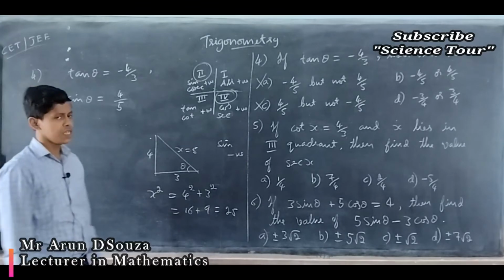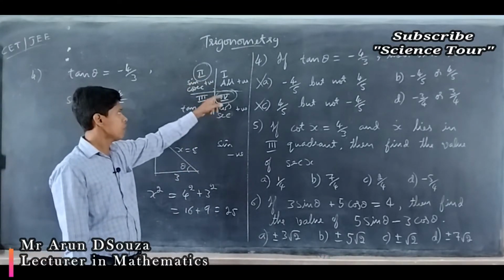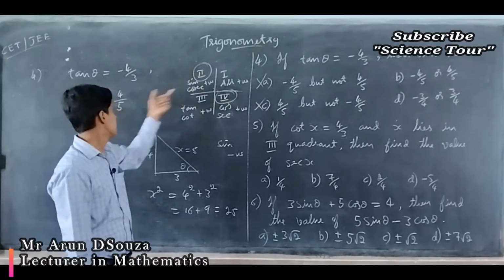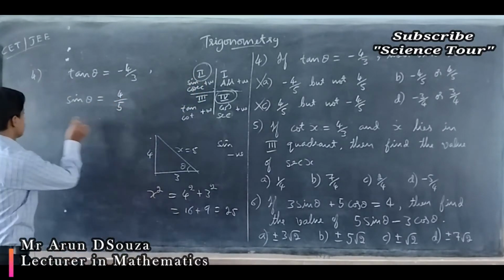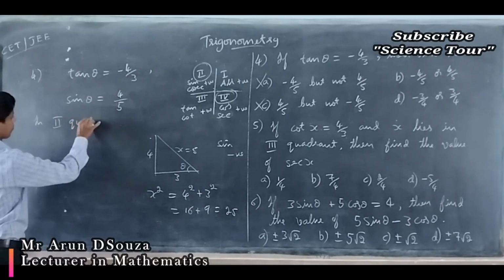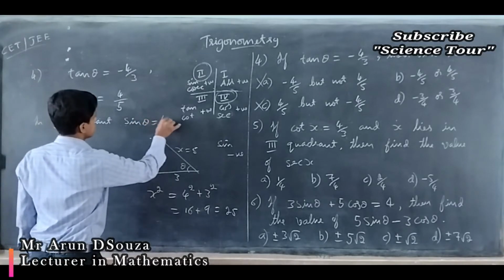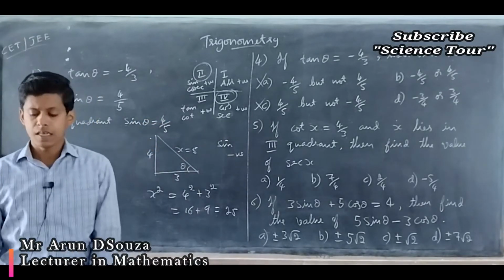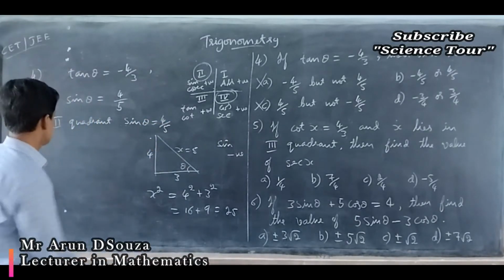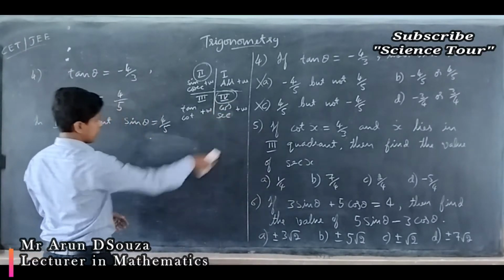Now we said that the angle will lie in the second or fourth quadrant. If it is in the second quadrant, sine is positive. So in the second quadrant, sine theta is 4 by 5, and in the fourth quadrant, sine is negative.